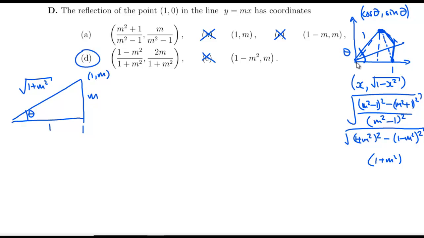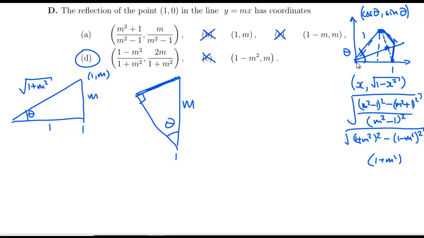Then we can take another triangle. So when we go up to the point on the line, so if we've got this, that's now our side m, that's the point 1. We're now going up to our right angle there. And this is going up to that point on the line y equals mx. So this side here is on our y equals mx line, because that angle there is going to be theta.